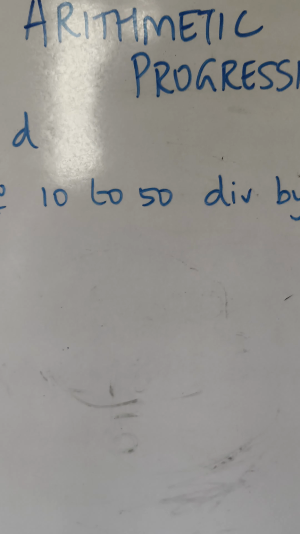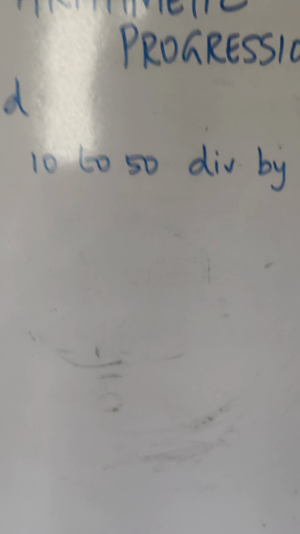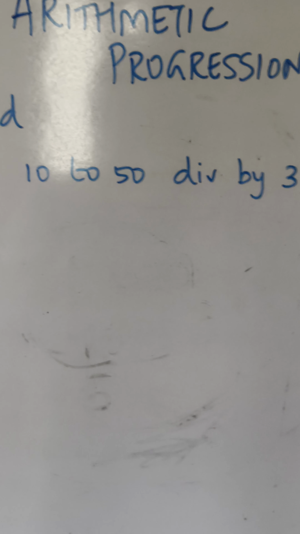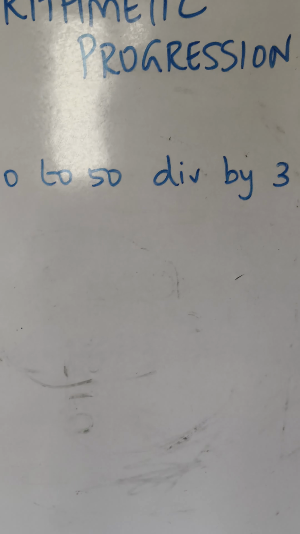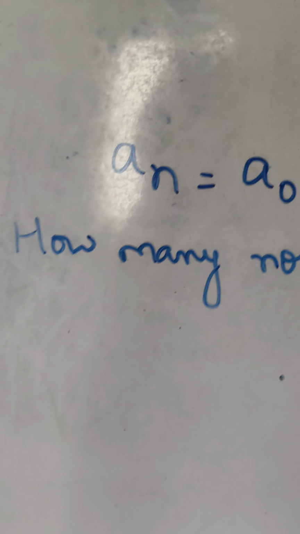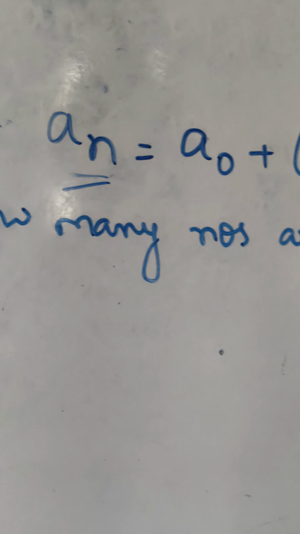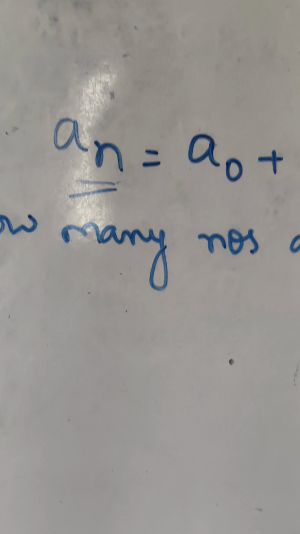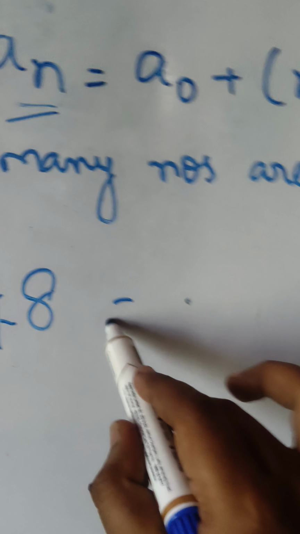10 to 50 is something which you can do manually, you can count, but it might take 3 to 4 minutes, which is not a sensible thing to be done in a competitive exam like Olympiad. So we go by the formula in that case. a_n is the last number of our series, so the last number will be 48. You can substitute 48.